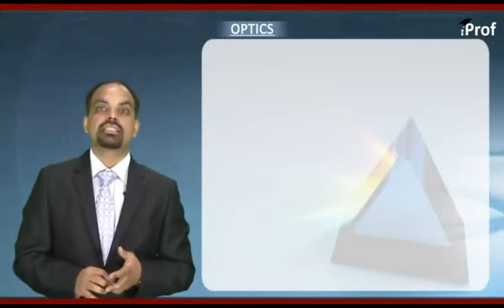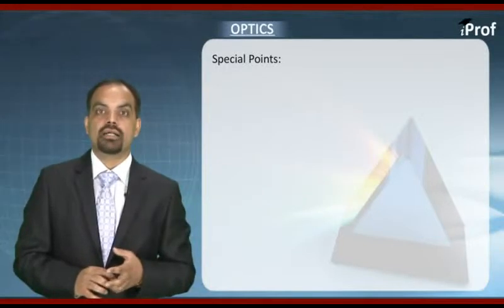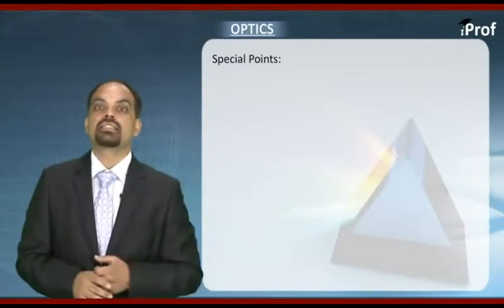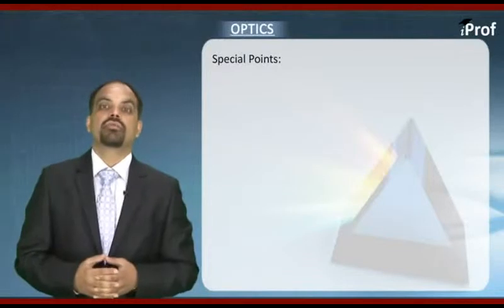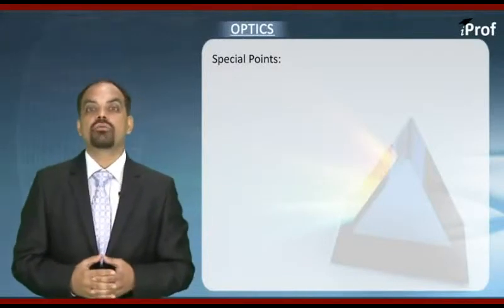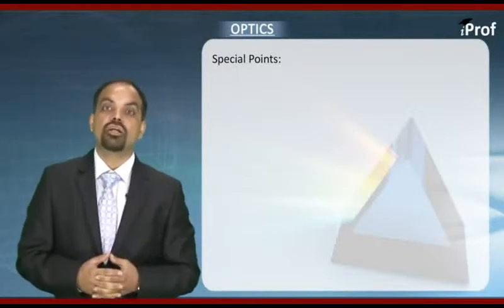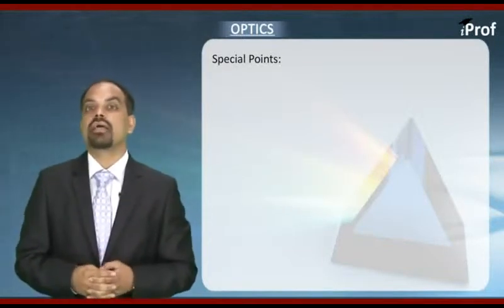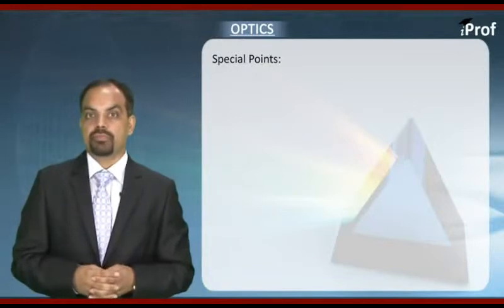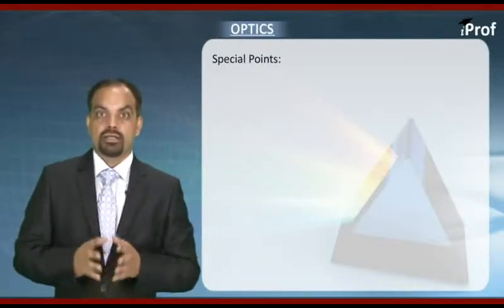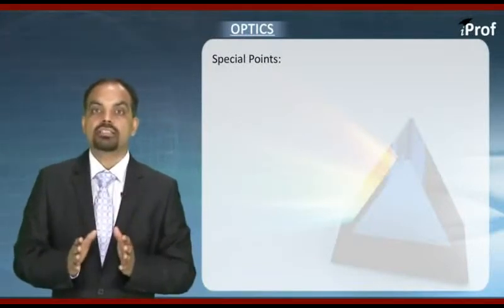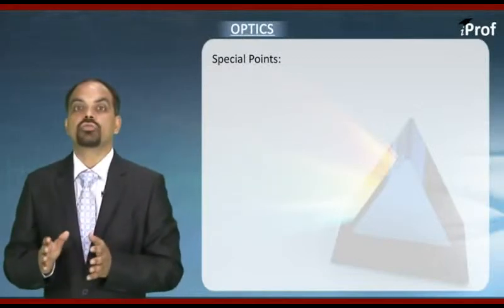Now there are certain special points that we should understand and assimilate as a part of geometrical optics. The very first point that I would like to take up over here is our human eyes cannot distinguish between real and virtual image. Now I repeat my point, our human eyes cannot distinguish between real and virtual image.